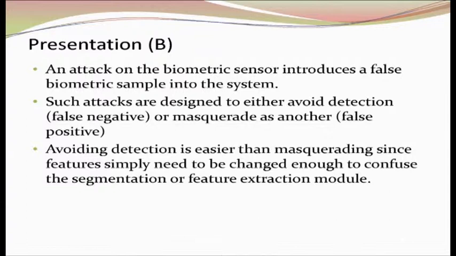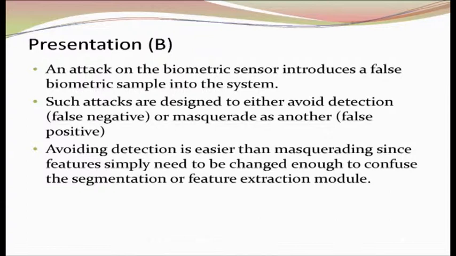Now, avoiding detection is a much easier problem compared to masquerading. In the case of fingerprint, I just cut my finger and give this. Because I have come with my own fingerprint, there is no ambiguity. Whatever data I give, my fingerprint is cut, so the features will be different, even though your sensor is good.